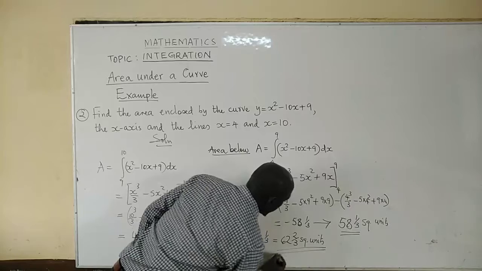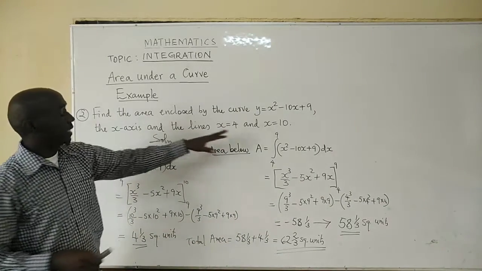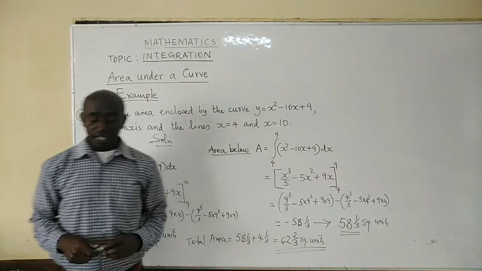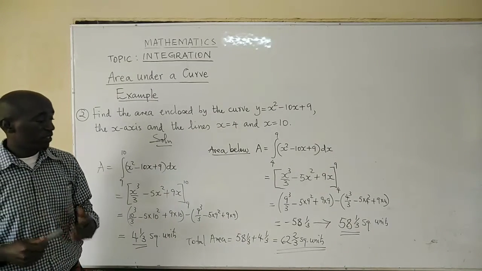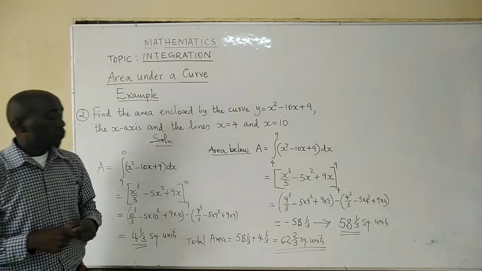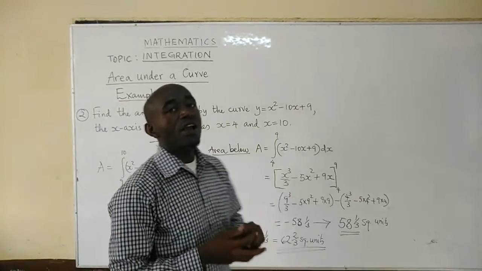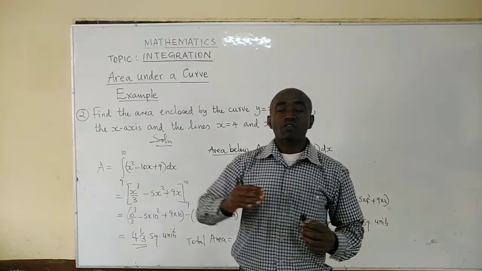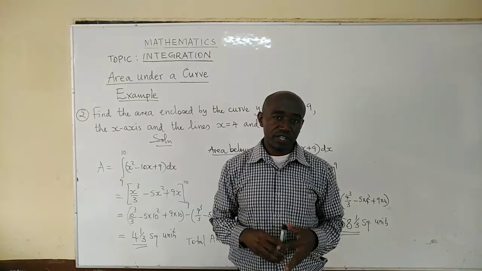That is how we find area. So the total area of this region is 62 and 2 over 3 square units. So my dear learner, that is how we deal with cases where part of the region is above the x-axis and part of the region is below the x-axis.